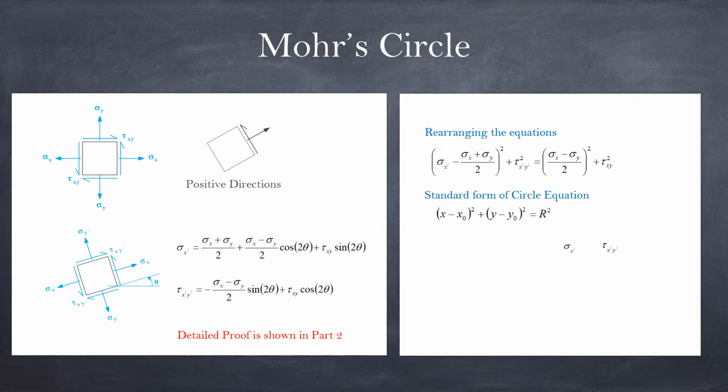If you look at the standard form for a circle equation, this is when we plot x and y, and the origin is x naught and y naught.